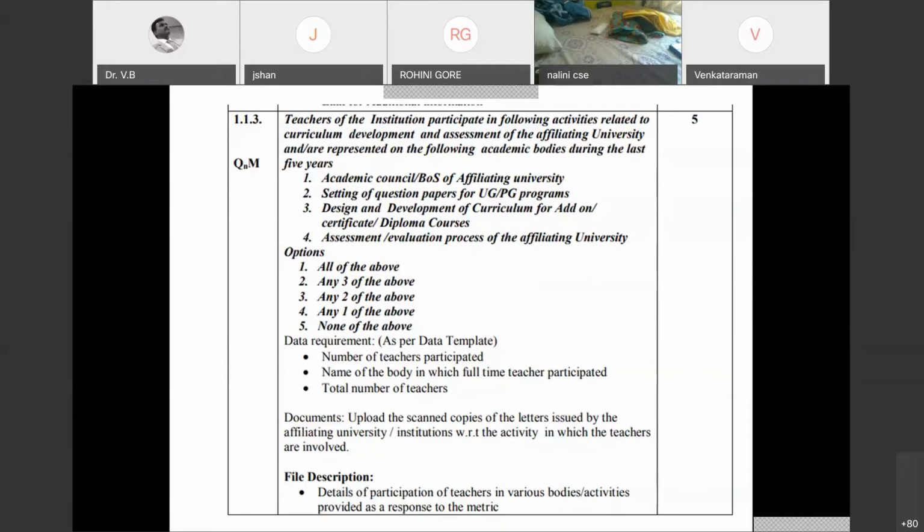In those templates, you have to enter these numbers. They will be asking you the number of teachers, the name of the body, that is the affiliating university, and then the total number of teachers at that point of time. So this completes this metric 1.1.3, which is a quantitative metric.